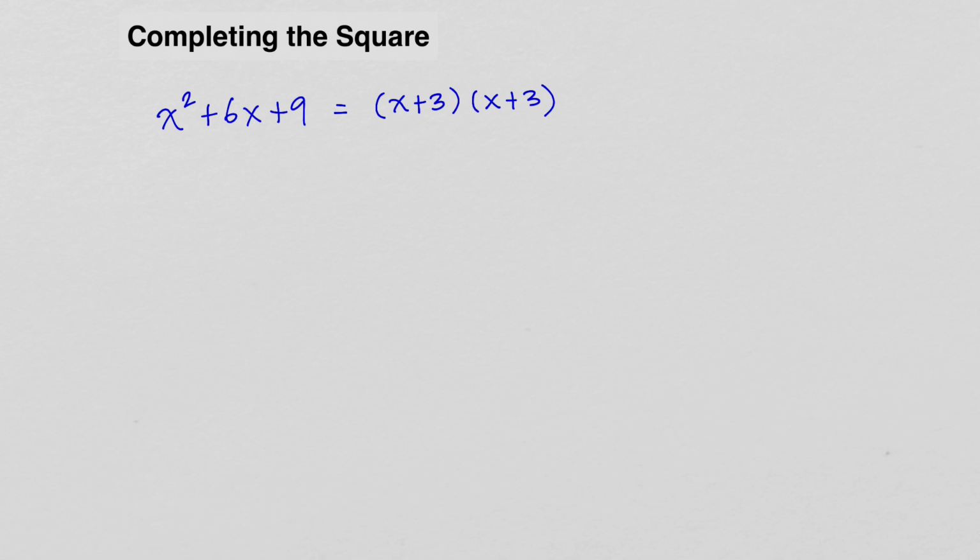You could verify that. And we could write this as x plus 3 quantity squared. So this trinomial right here is what we call a perfect square trinomial. Now, the reason we call it a perfect square trinomial is because it factors into a perfect square, right?